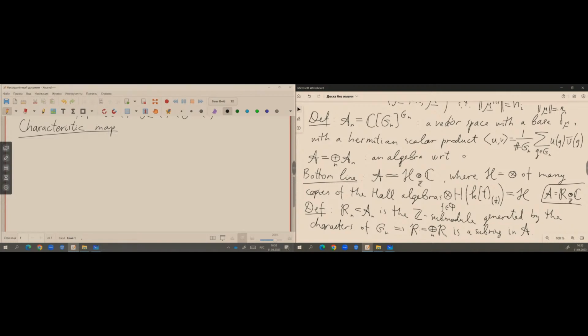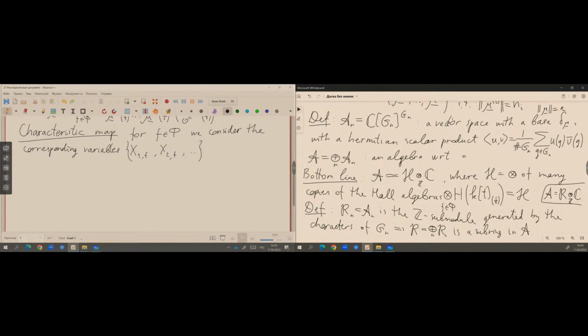So for any irreducible polynomial f, we consider the corresponding variables x1 f, x2 f, and so on.